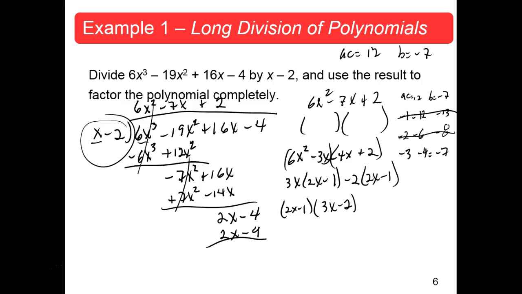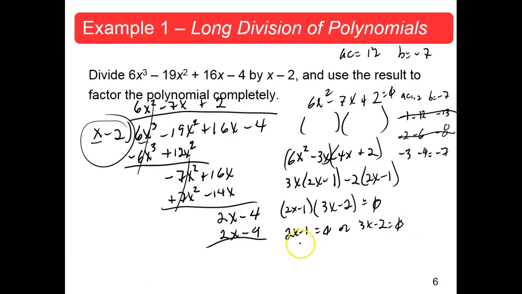Okay. Now, remember what the thing of being a factor is? That if you had set this equal to 0, which we should have done and I forgot to do it, then this is going to be equal to 0. Where do you go from here? Set each of them equal to 0. So 2x minus 1 equals 0, or 3x minus 2 is equal to 0.